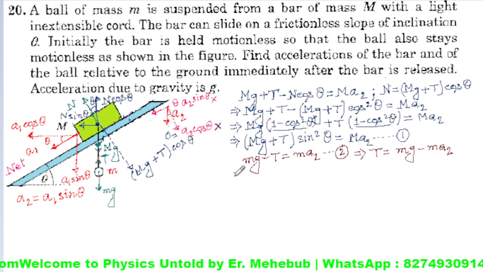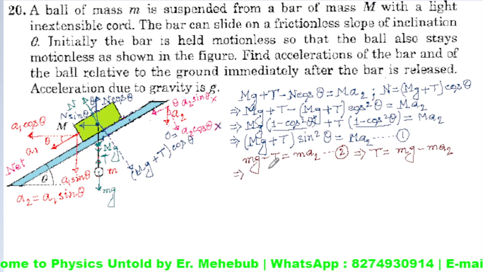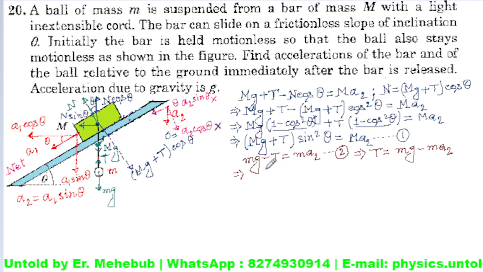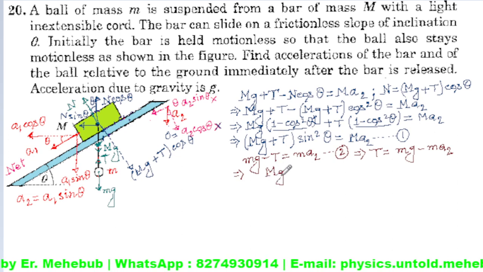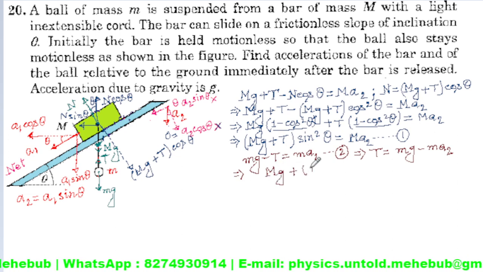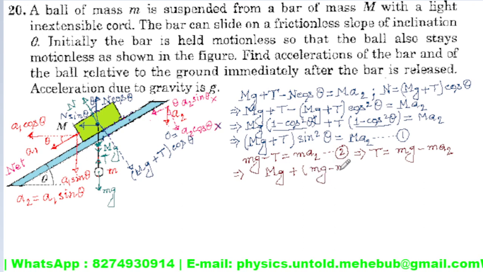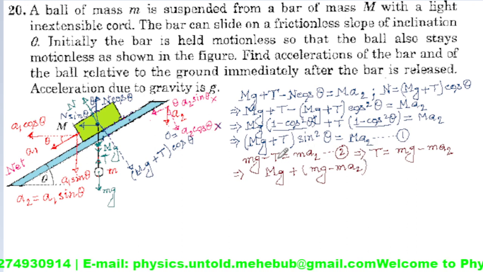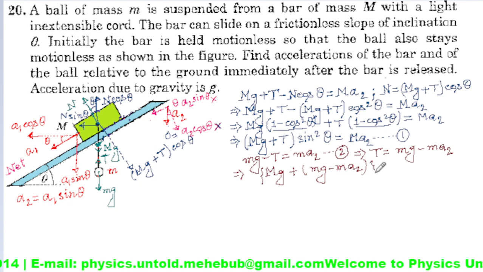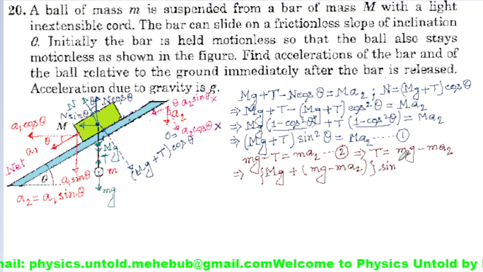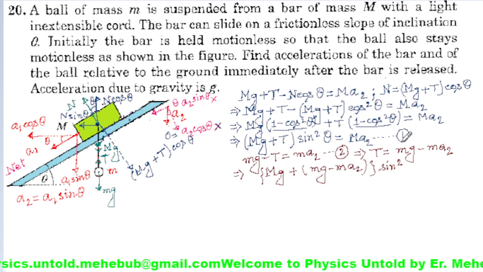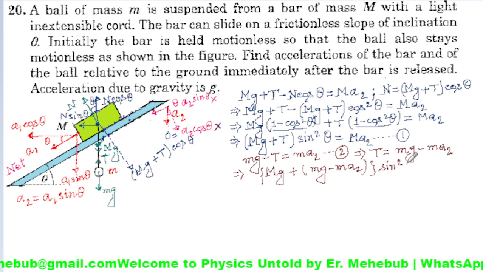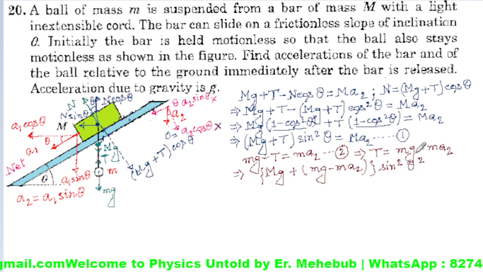After substitution, we can rewrite this equation as mg plus T, which is equal to mg minus ma2, into sin square theta.